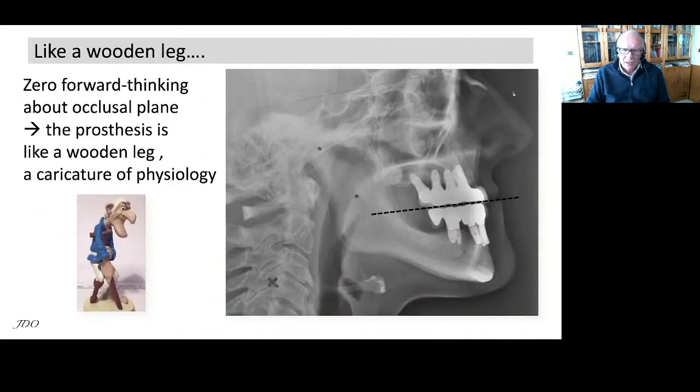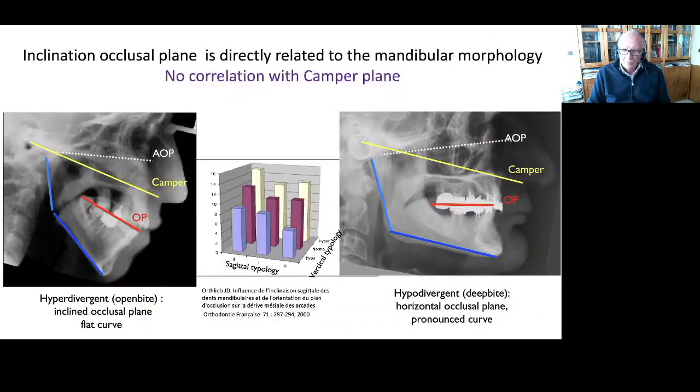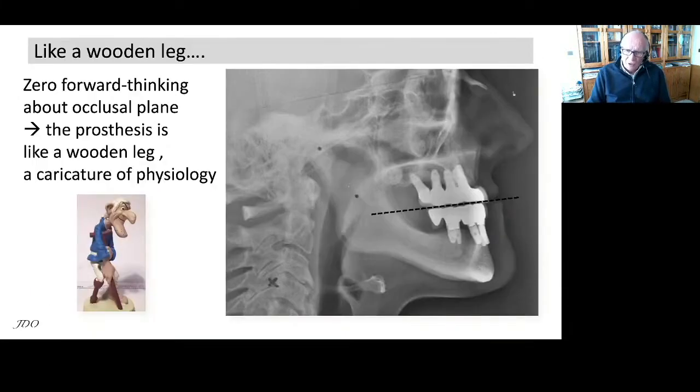If you look at this case, which I showed at the beginning, it is a caricature of dentistry. No function is possible. We have to think about the inclination of the occlusal plane. We have to speak about the morphology of the curve of Spee.